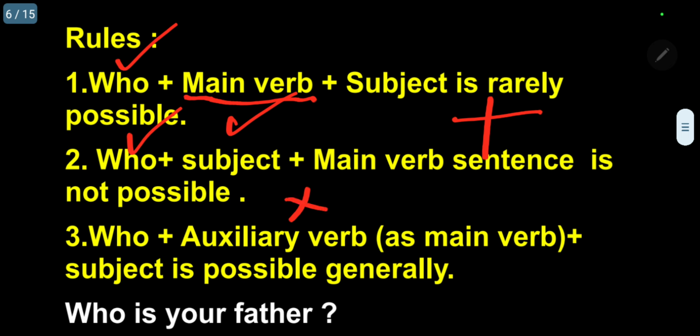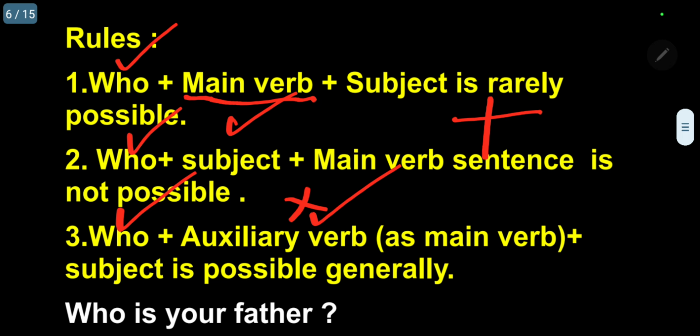The third possibility is the normal one, which is generally who plus auxiliary verb. In this case, you must know what an auxiliary verb is. If you want more detail, go to our main and auxiliary verb topic, and you will get a clear idea.